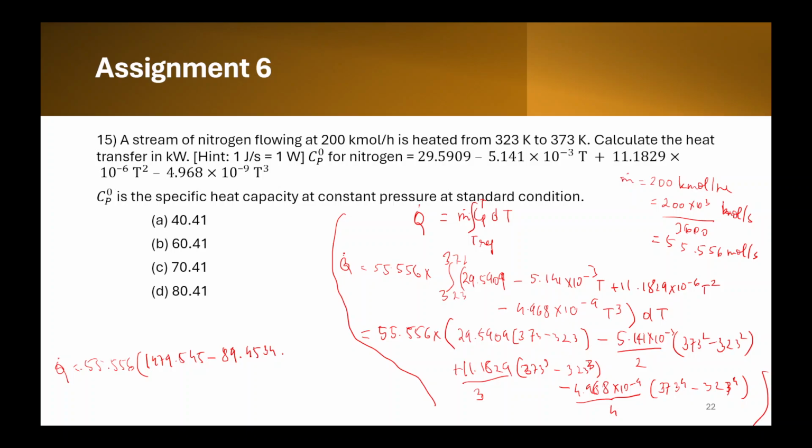Next term is positive 11.1829 into 10 to power minus 6 divided by 3 into 373 cube minus 323 cube.